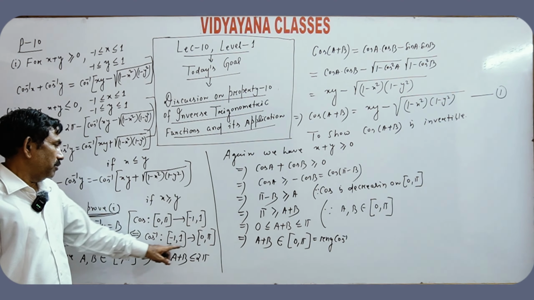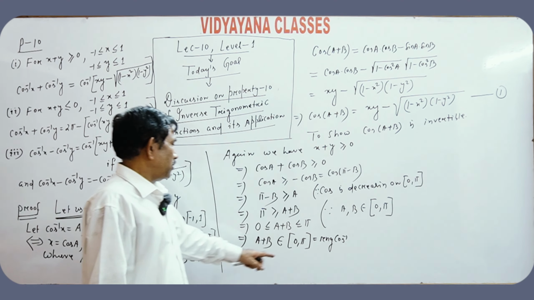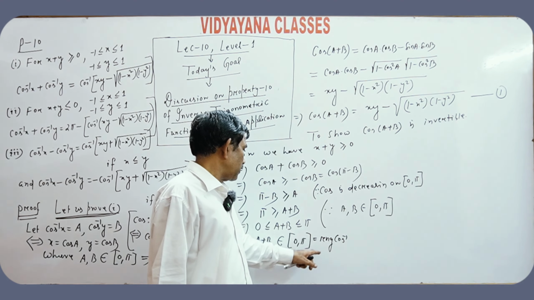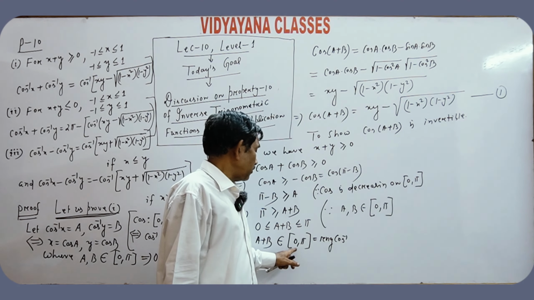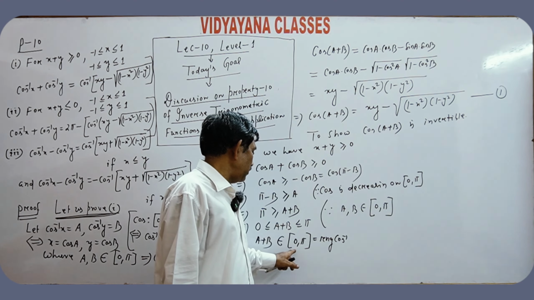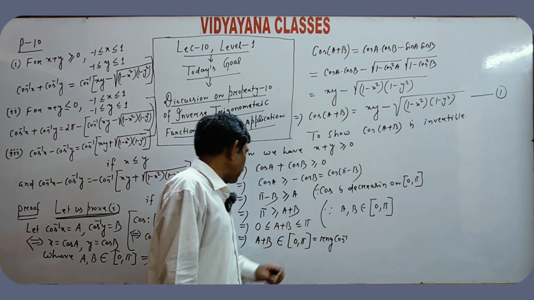The range of cos inverse is equal to this. So cos is invertible on this interval.